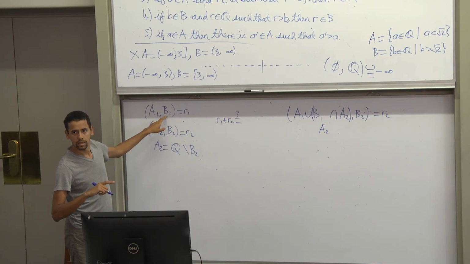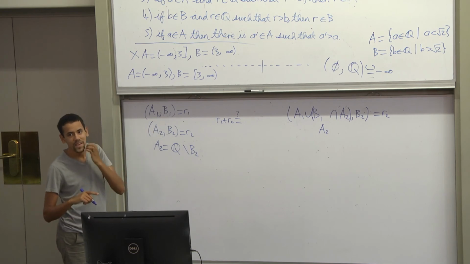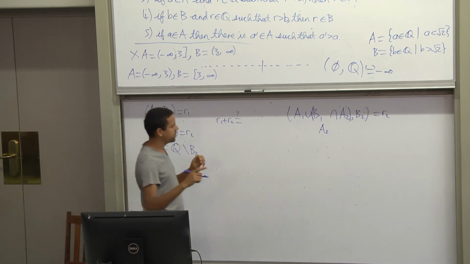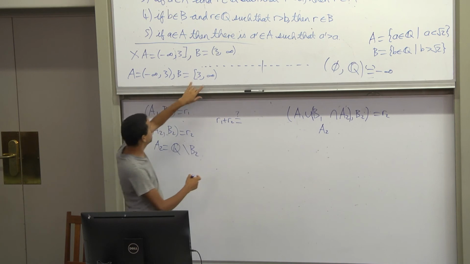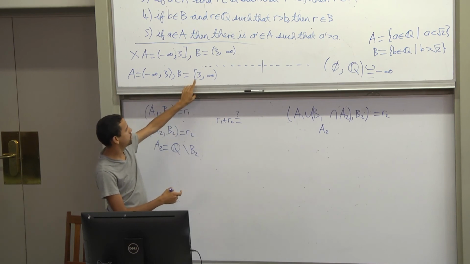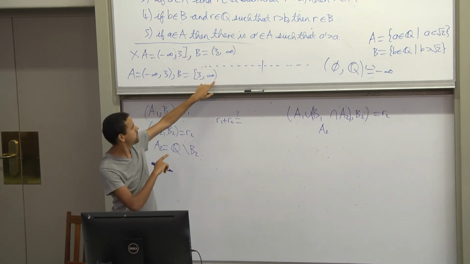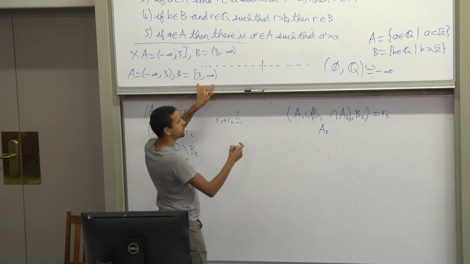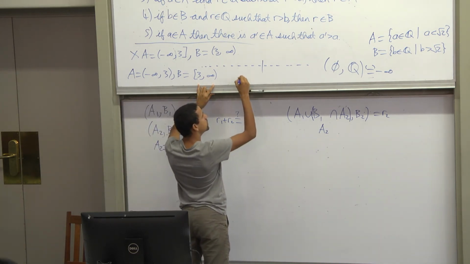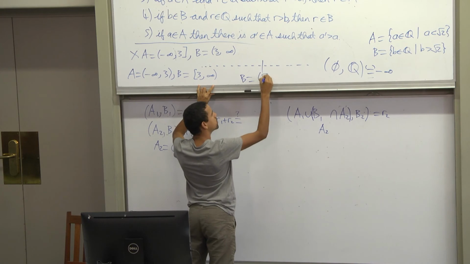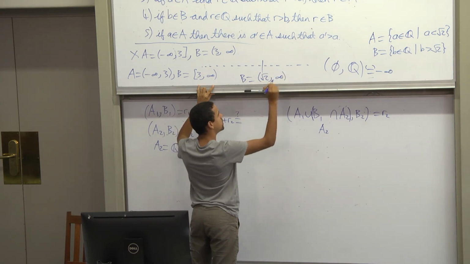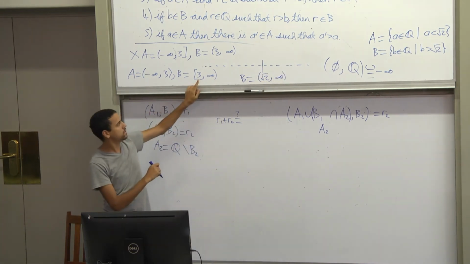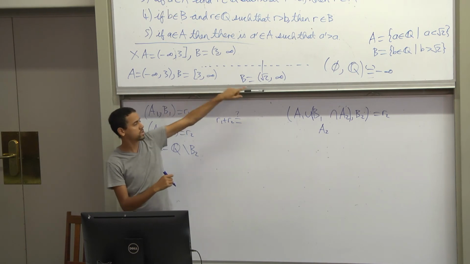Even if it doesn't, you can order them. There's a bijection, right? If you have one Dedekind cut from 3, including 3, to positive infinity, and another one would have B going from root 2 to positive infinity, there is no order preserving bijection between those two.